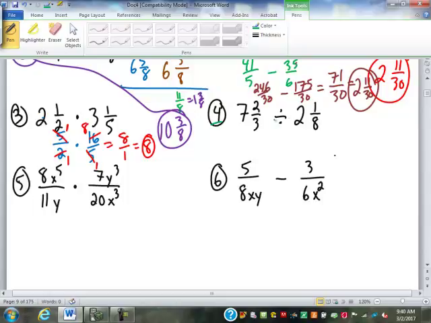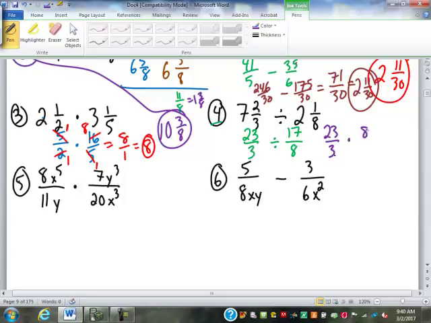So for number 4, to divide, we have to start out by making them improper again. 7 2/3 becomes how many thirds? 23. Very good. Now we're still dividing yet. 7 1/8 becomes how many eighths? 17/8. And now we do 23/3 stays the same.